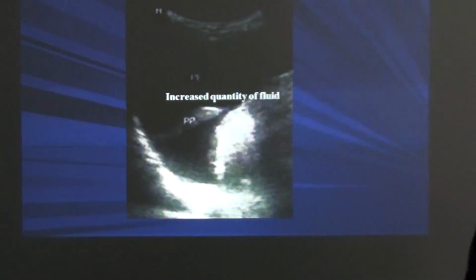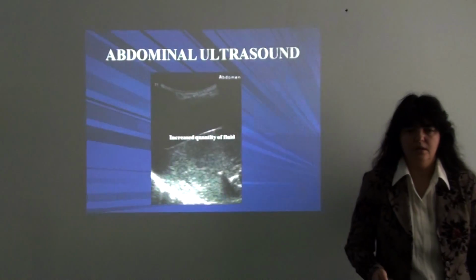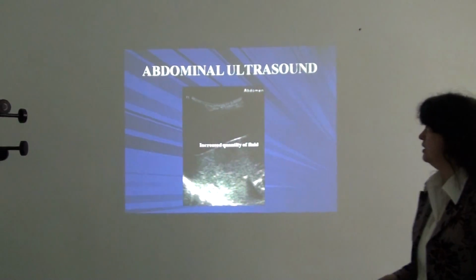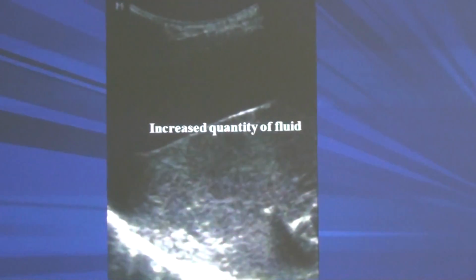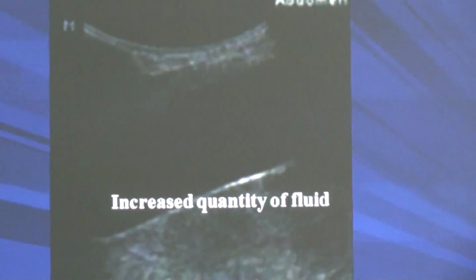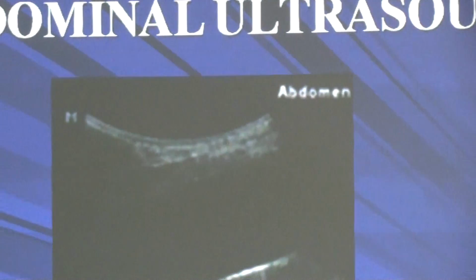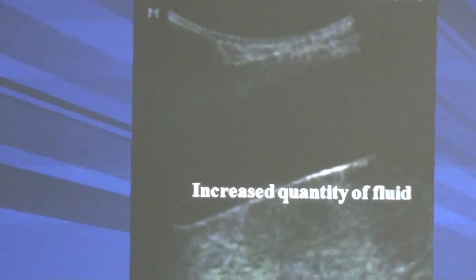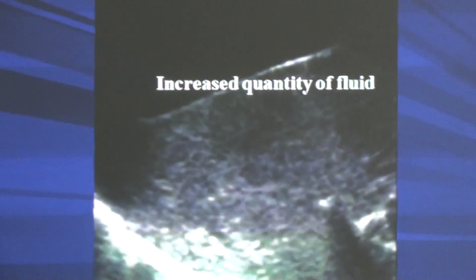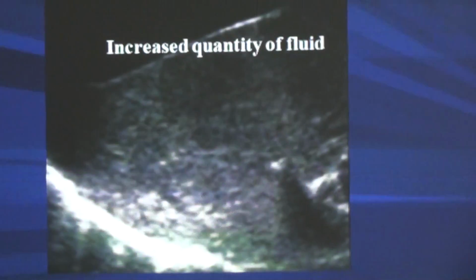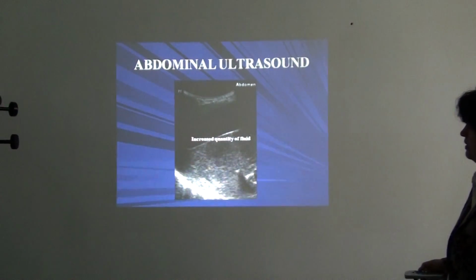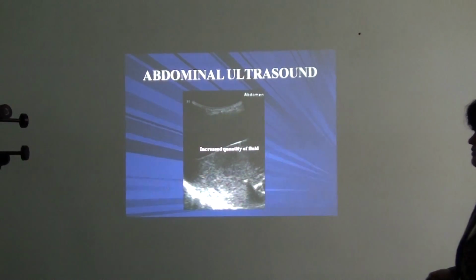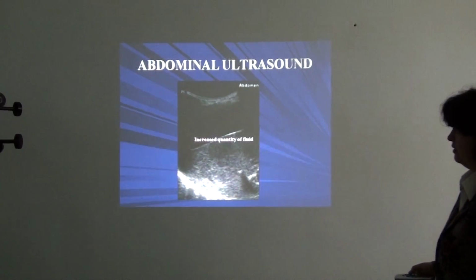In the next slide, follow another image of the patient at the abdominal ultrasound, and also in this image we see again very well that there is a very increased quantity of fluid in the intra-abdominal cavity, and this fluid covers all internal organs and doesn't permit the visualization of internal organs.